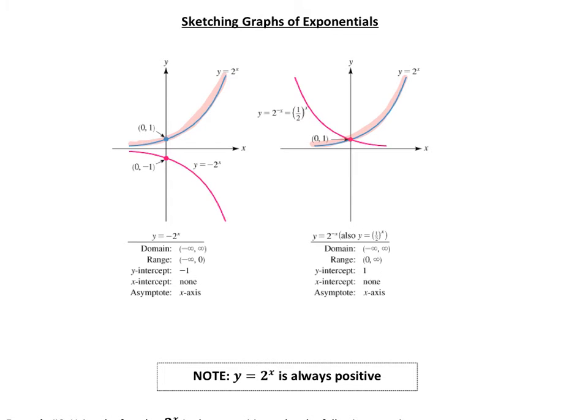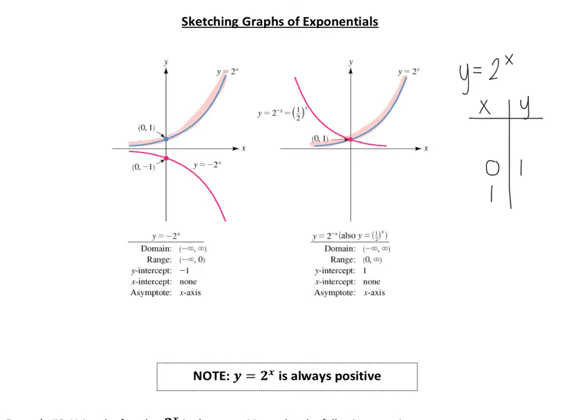The reason being, if I try to do any XY table for y equals 2 to the x, here's my x, here's my y. If I plug in 0, well, we know that anything raised to the 0 power is 1.